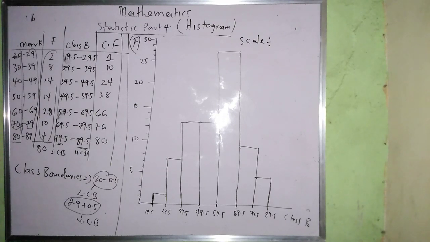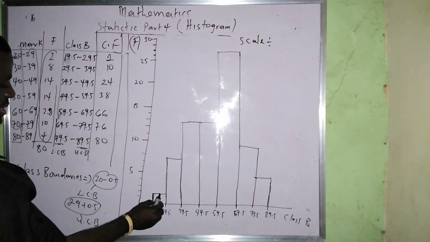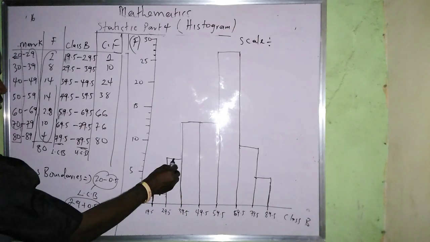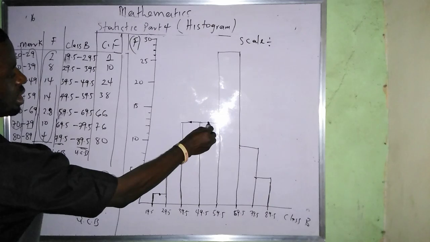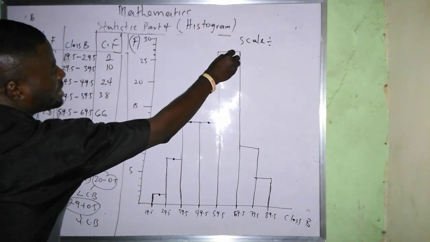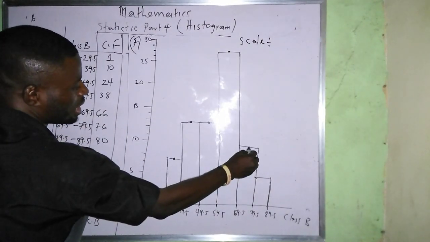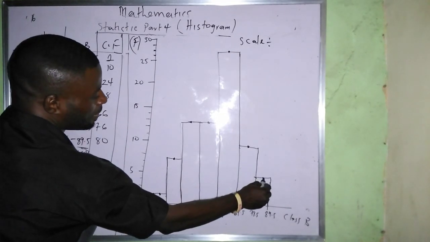Now, let me use this opportunity to explain what is called the frequency polygon. If I'm talking about a polygon, my polygon is the middle of the bar, the center of each bar, the center of each bar, the center, and the center.